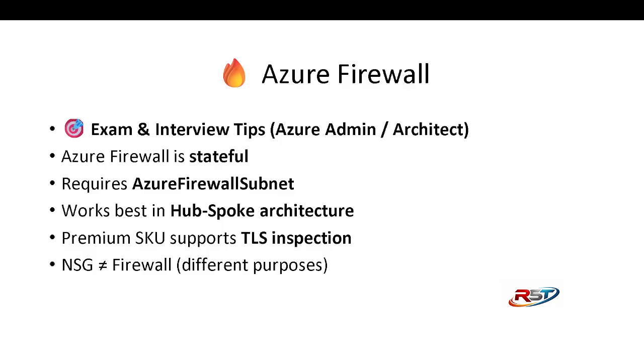Exams. Whenever we go to exams, Azure admin or architect, about Azure Firewall we have to remember that Azure Firewall is a stateful firewall. What it does is identify the active connections, and it works based on the context, not just the rules. We already discussed stateful firewall.